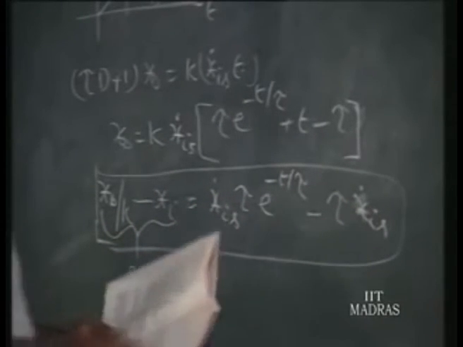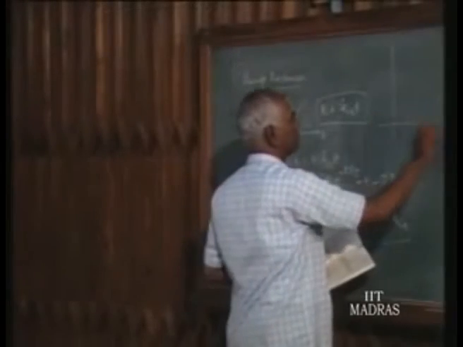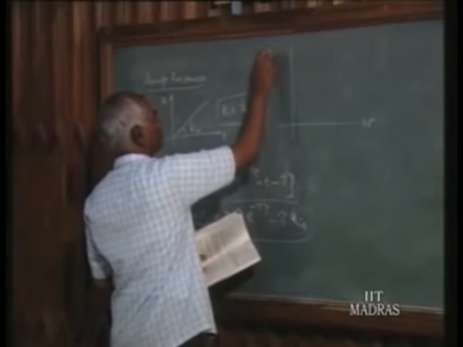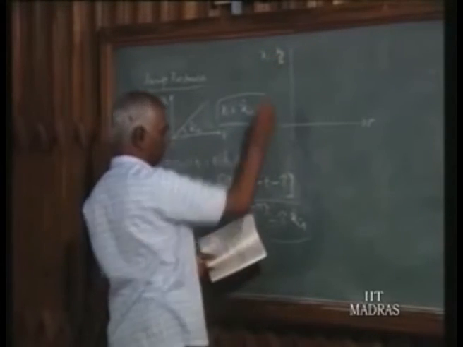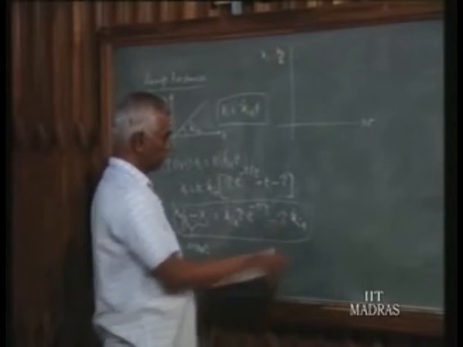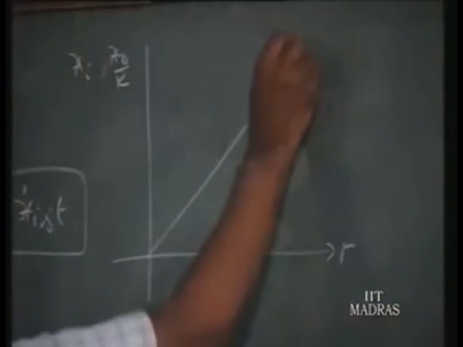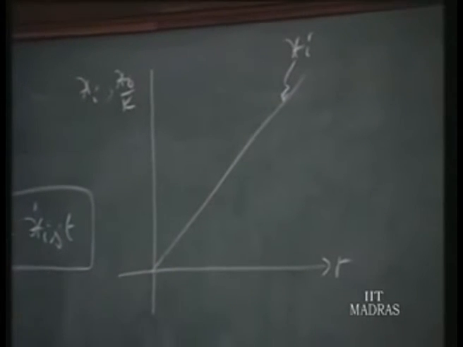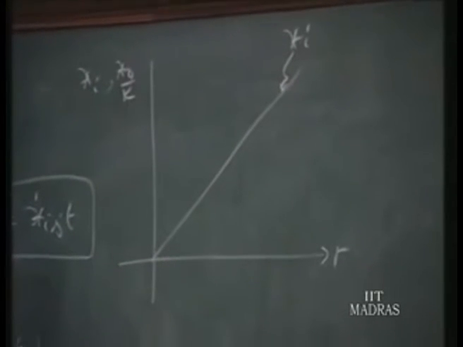Now if we plot, you will have this form with time. Xi we plot, also xo by k we plot on this y axis. This is our xi, xi versus t, slope being ẋis.